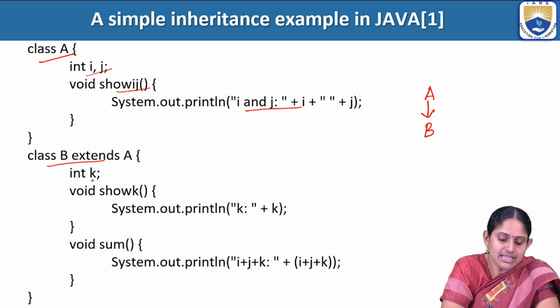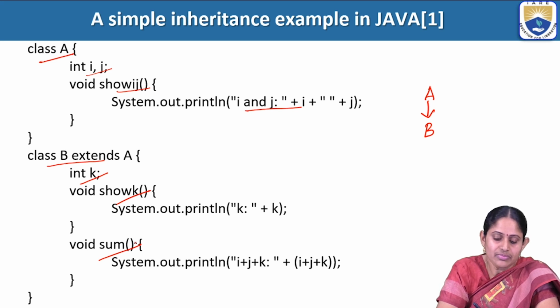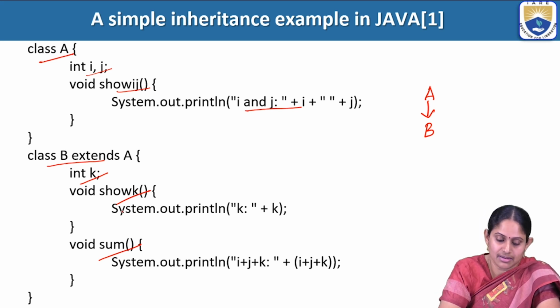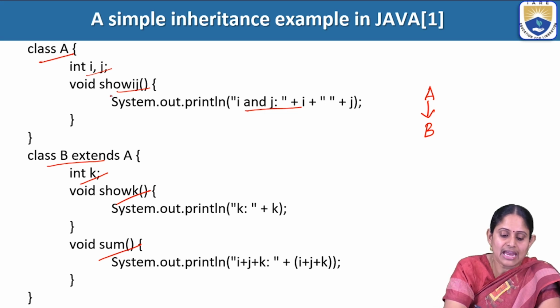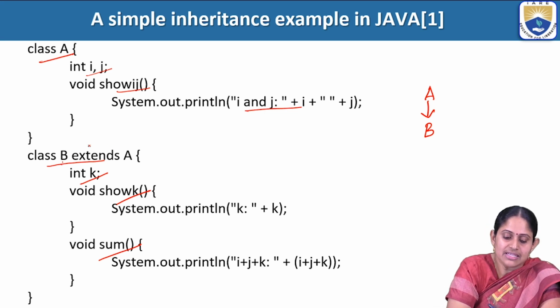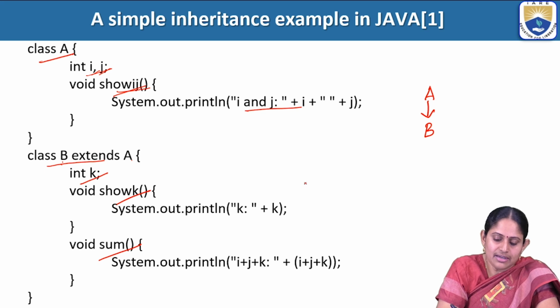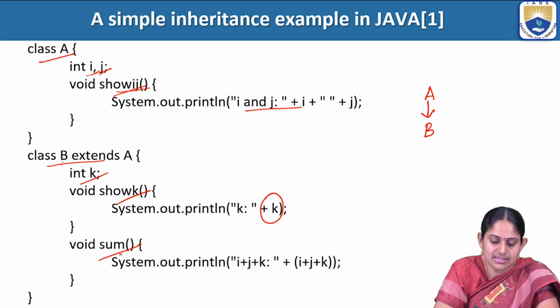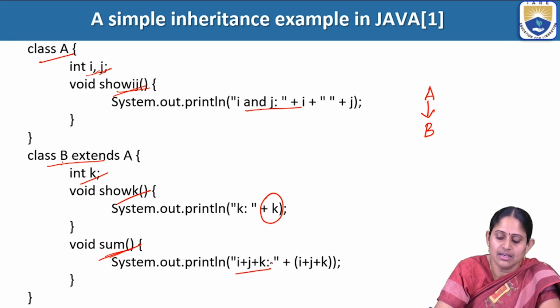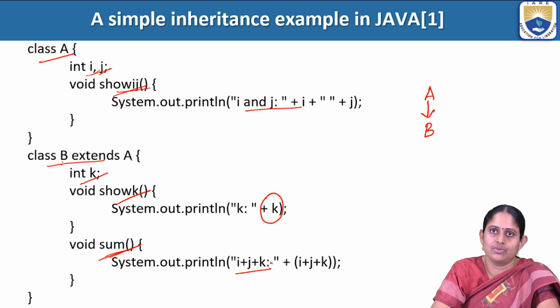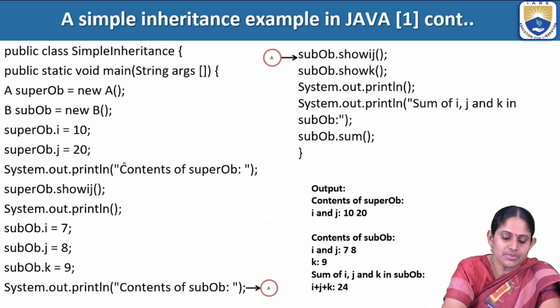Whereas class B has an instance variable k, and show k and sum methods. These two methods are particular to B, and since B is extended from A, it can access ij and the show ij methods. In show k, it is displaying the instance variable k, and the sum method is adding the ij and k values.